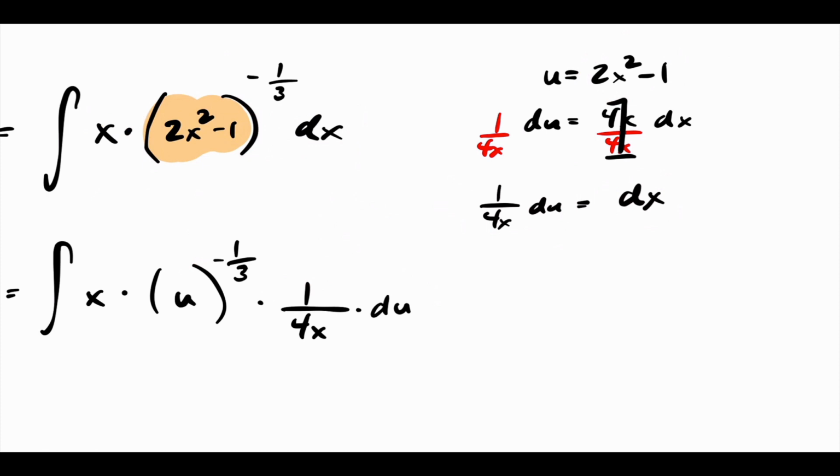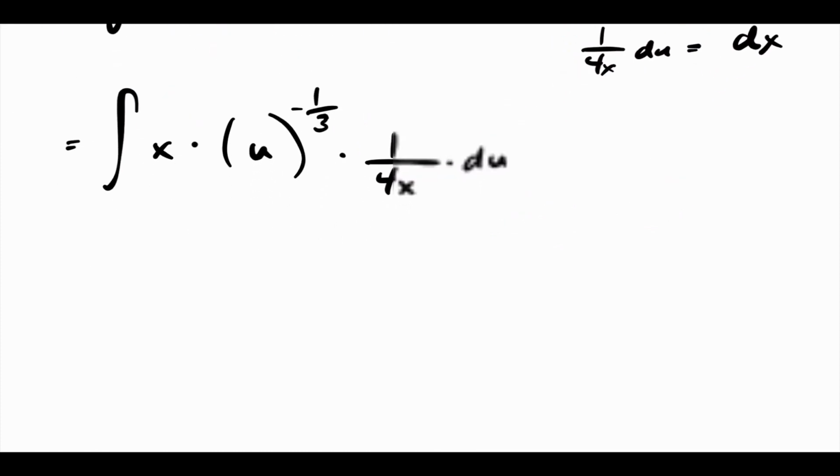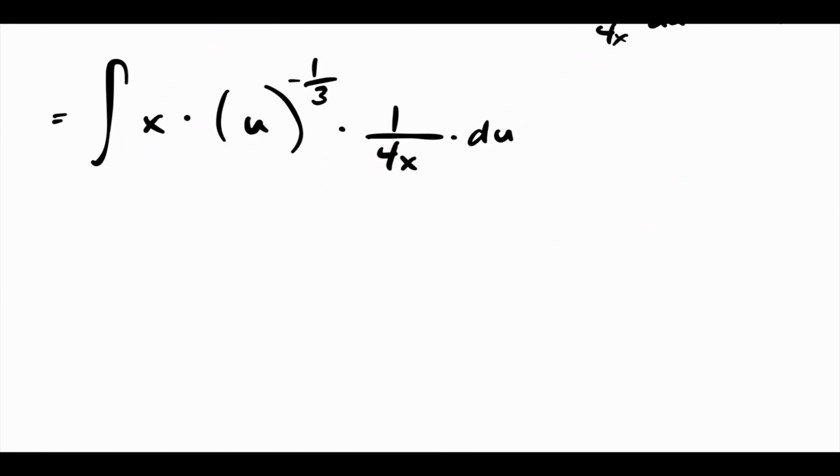All right. So now we look at what we got after we substitute. Anything x related, we want to go away. I don't want any x's. I just want u's left because I can't take the antiderivative of u's and x's together. Since this is divided by x and this is times x, they go away.